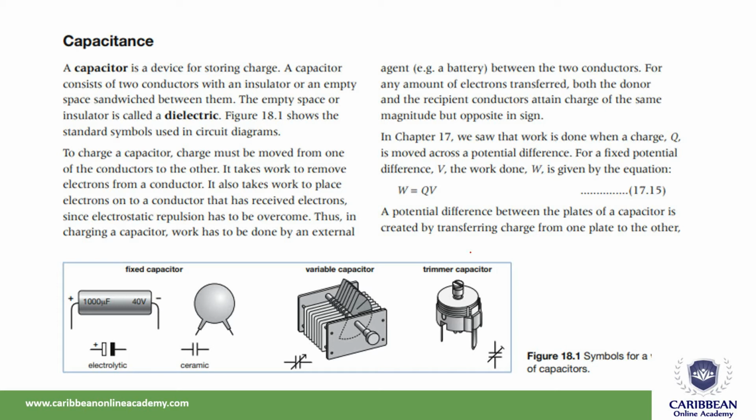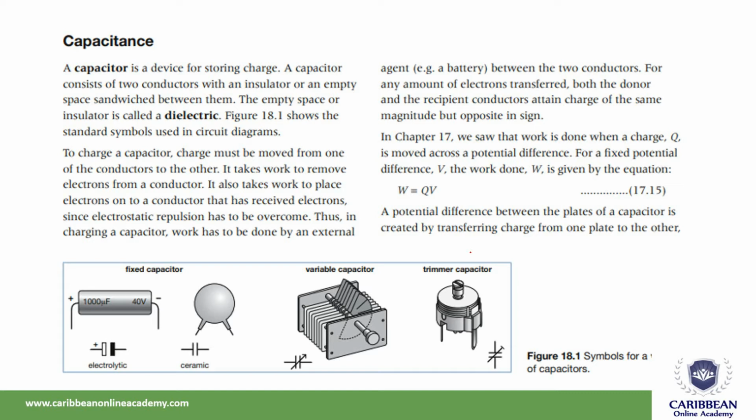But here it tells us that in order for us to do this, we definitely are going to need some amount of work to be done. And in order for us to do this work, we need an external agent, and we refer to that external agent as a battery, right? And that battery is generally placed between the conductors.